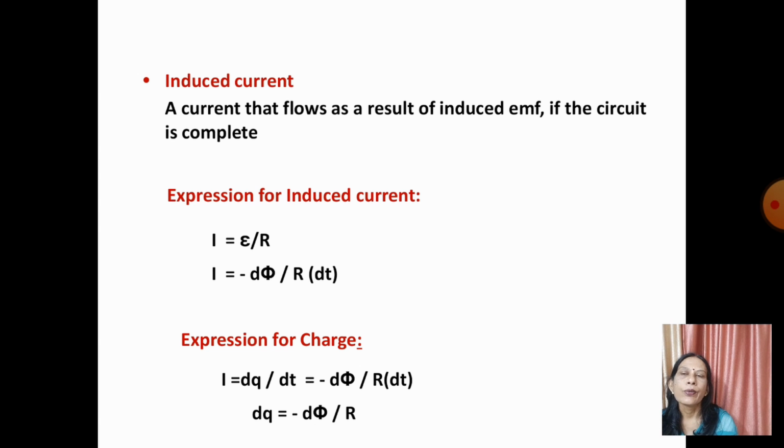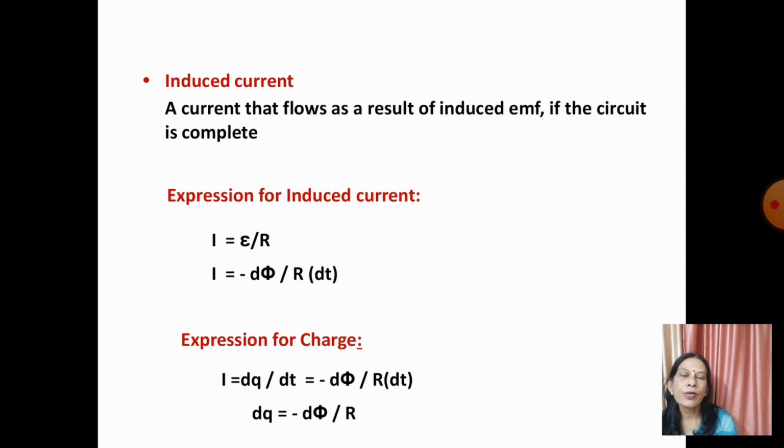Now about the induced current. Induced current means the current that flows because of the induced EMF. When we are getting induced EMF and the circuit is complete, then the current which flows in the circuit is called induced current. So in EMI, the EMF so produced or the current which is flowing in the circuit are said to be induced EMF or induced current.